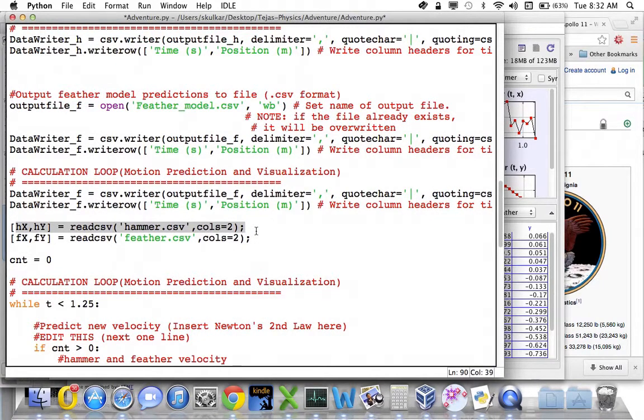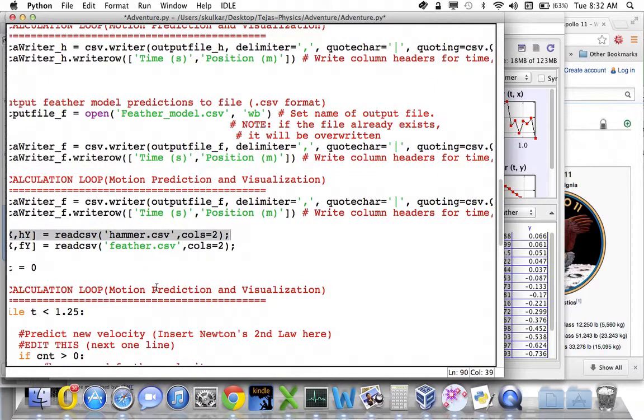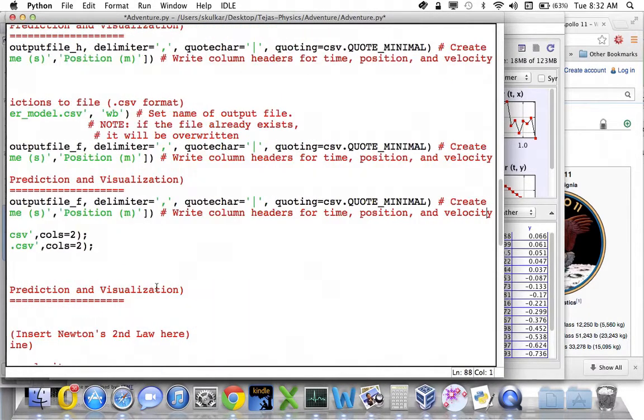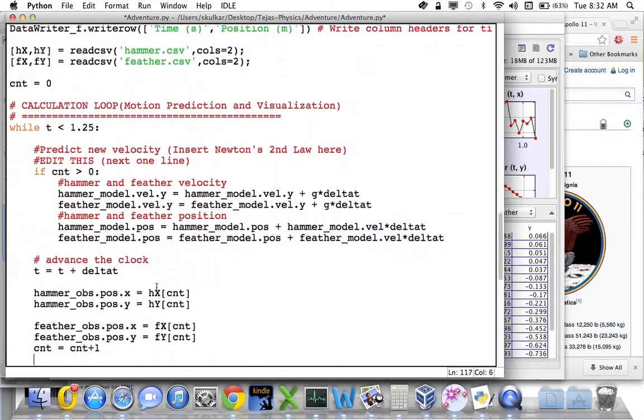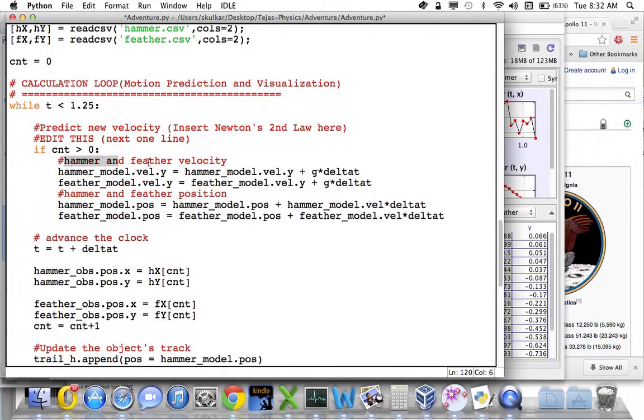We got some files from Tracker and we got data from the files. This is how we calculate the hammer and feather velocity, and this is how we calculate the hammer and feather positions.